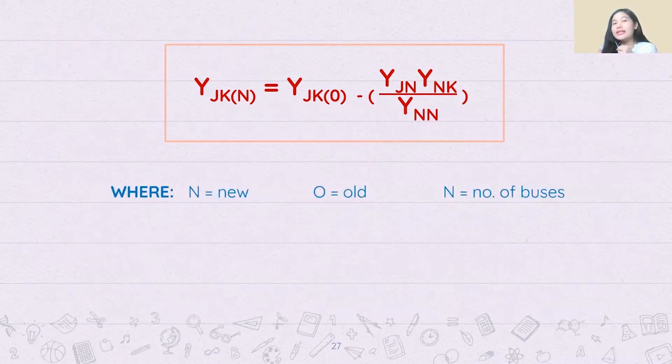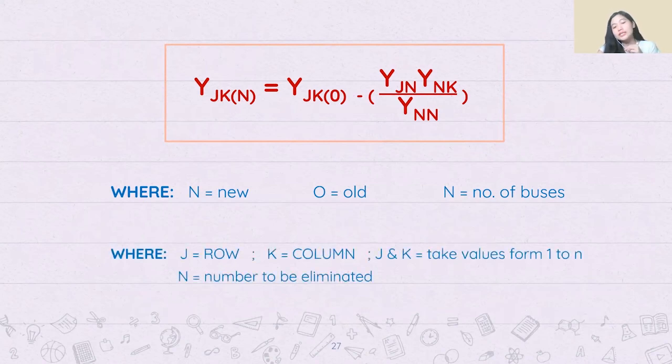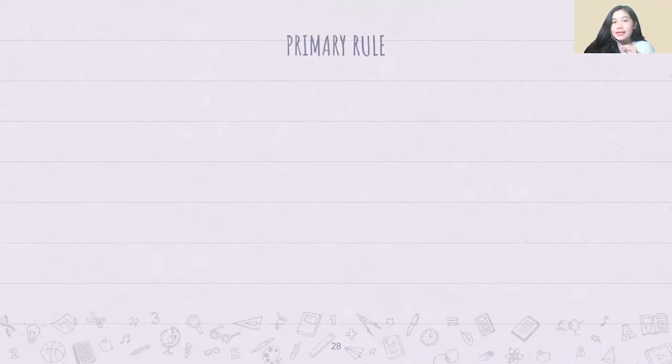So, N is new, O is old, N is the number of buses, and of course, J is equivalent to our rows, and K is our column. So, J and K take the value of 1 to N because, for example, we have a 4x4, so our J and K are 1, 2 and 3. N is our 4 because that's the number of buses available and the number to be eliminated.